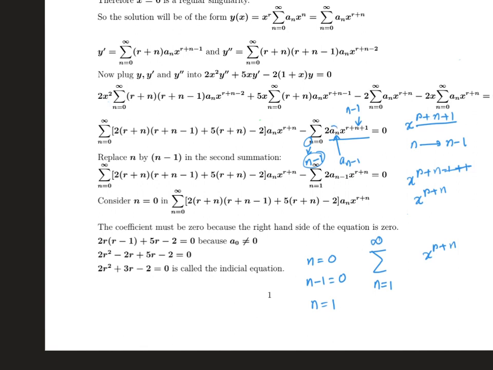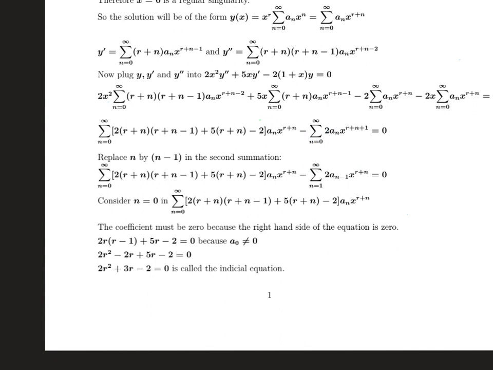And look at this little a sub n sitting there. That has to be replaced by a sub n minus 1. Remember, I'm replacing all the n's by n minus 1. So it's going to be a sub n minus 1, and then don't forget that 2. And that's how we get this term.